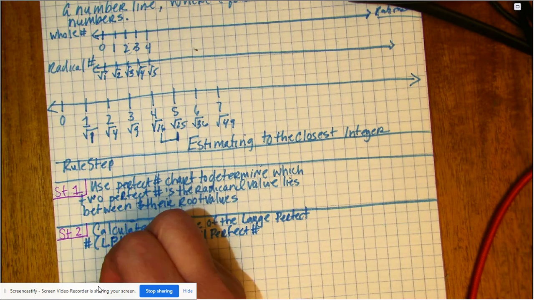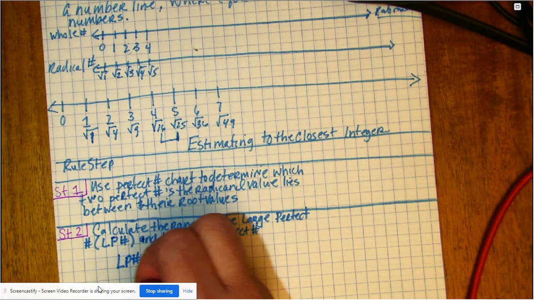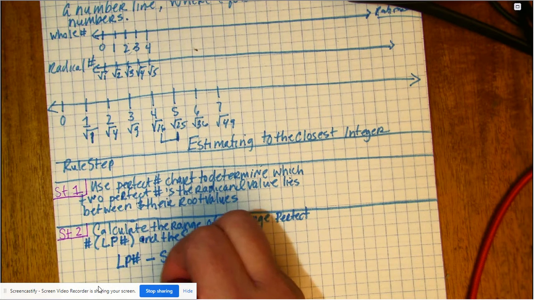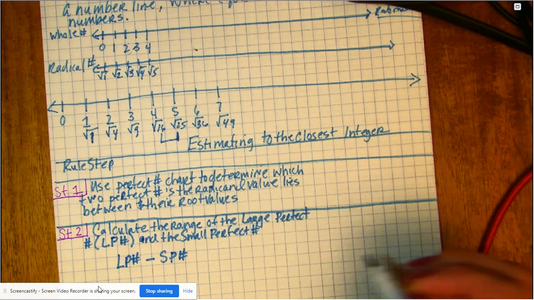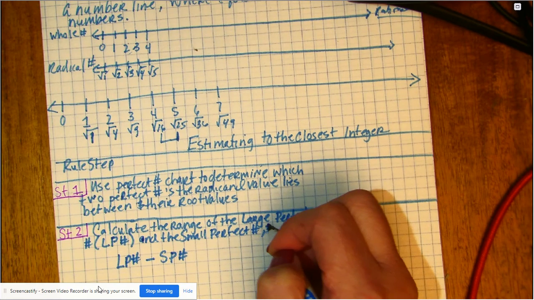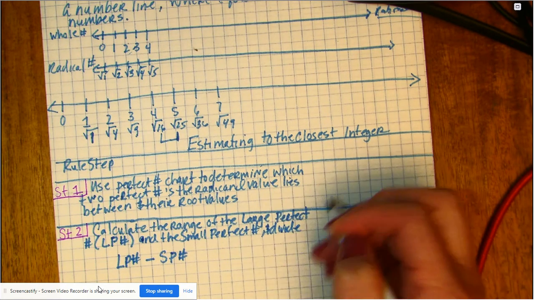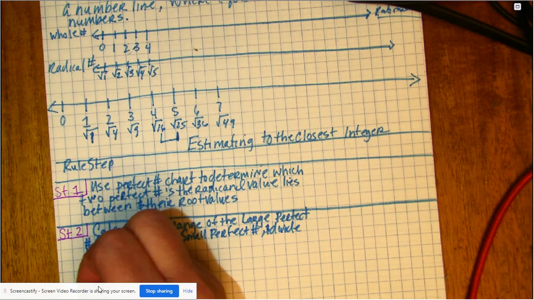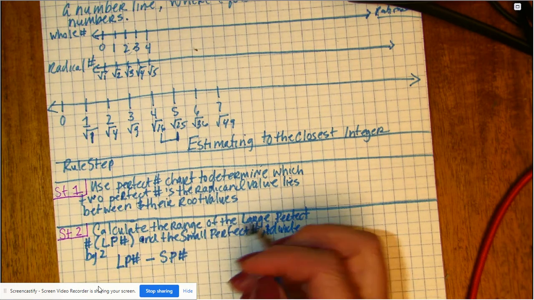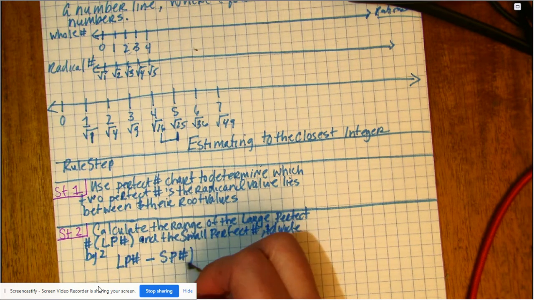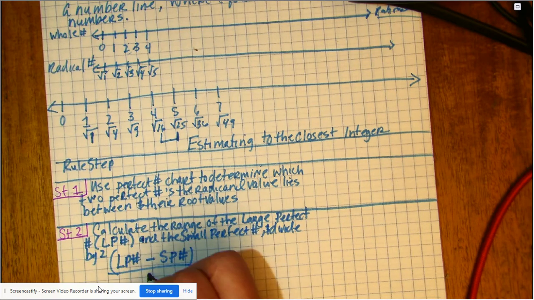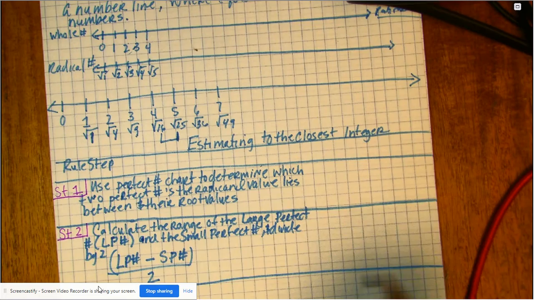So LP number minus SP number, and divide by 2. So we're going to take this and then divide it by 2. That's step 2.